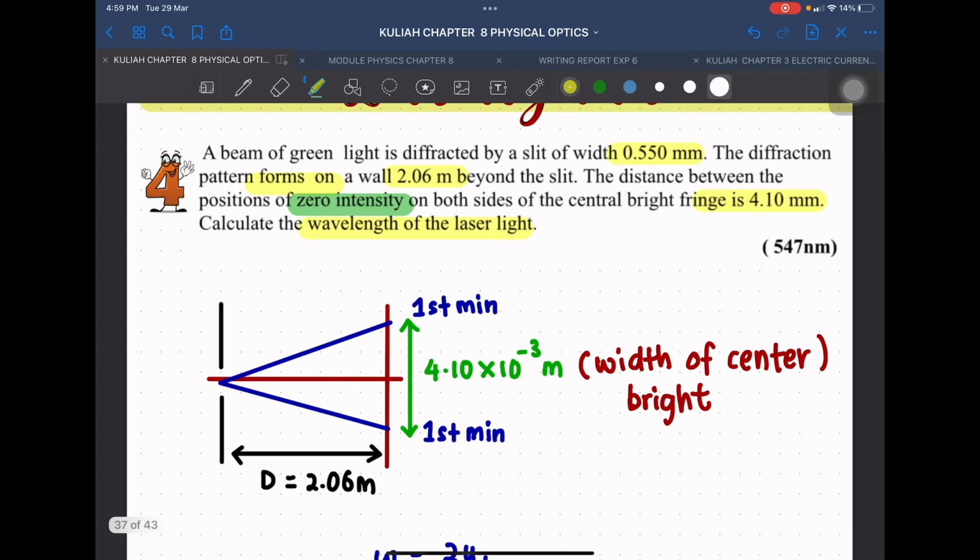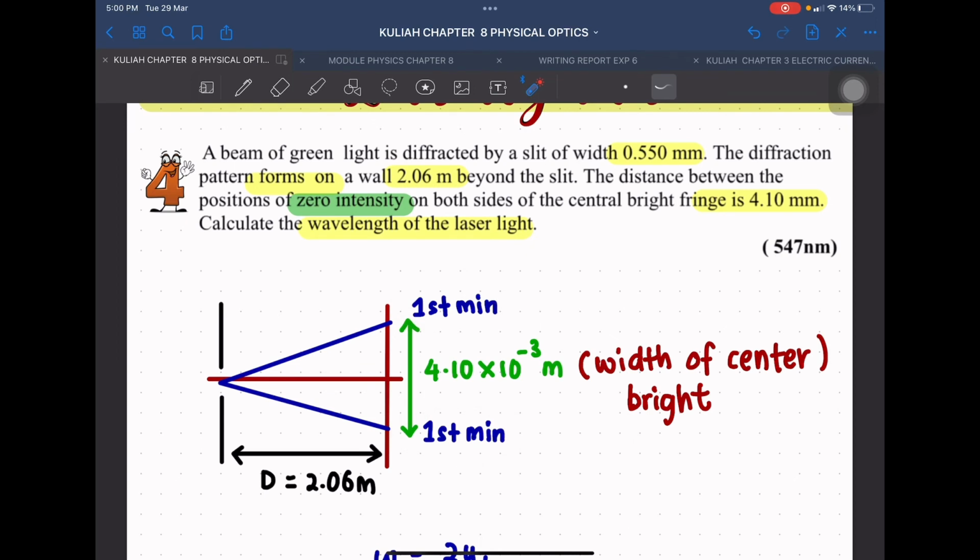Okay, so sekarang ni daripada soalan dibagi ni dah bagi tahu dah the distance between the position of zero intensity on both sides. Zero intensity ni maksudnya dark lah. Okay, so both side of the central bright. Ni central bright. Sebelah central bright adalah first minimum. Bawah central bright juga adalah first minimum. Dan dia bagi tahu jarak antara zero intensity iaitu side of central maximum dengan central maximum tu adalah first minimum dan first minimum.